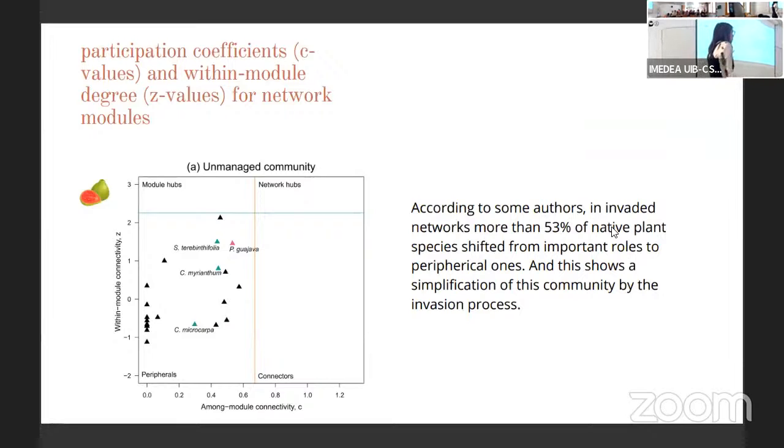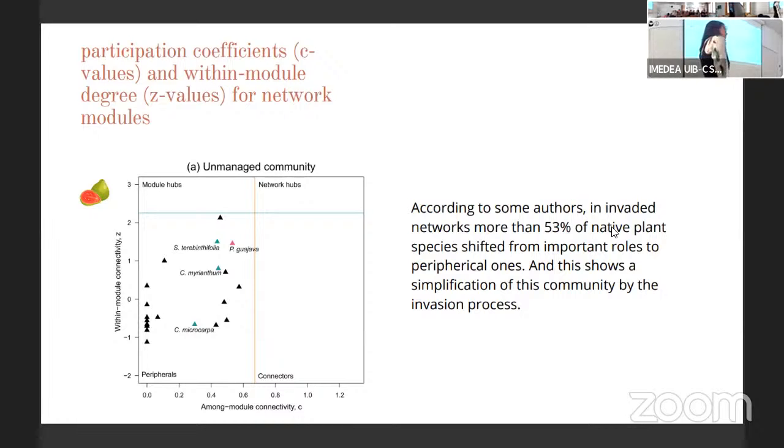According to some authors that compared invaded and non-invaded communities, in invaded networks, more than 50% of native plants can shift their roles from important roles to peripheral ones. This shows a simplification of this community by the invasion process.